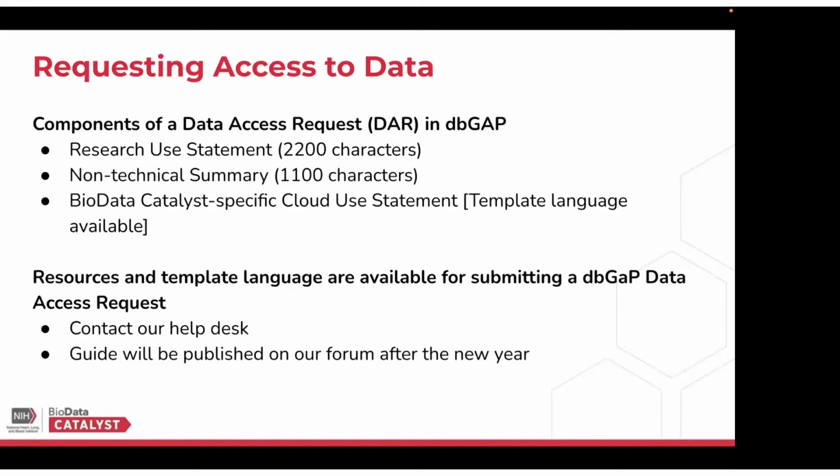Components of the data access request include a research use statement, a non-technical summary, and we also have a template available for the BioData Catalyst specific cloud use statement. If you need help with this, you can always contact our help desk, and we will be publishing a guide on how to write a data access request using this language that will be available for you after the new year.